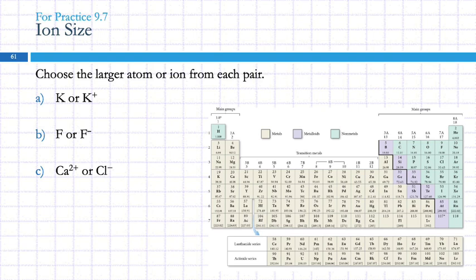Smaller. So the K plus ion is smaller, and that's not the one we're trying to choose. We want to choose the bigger one. Fluorine and fluoride: here we're adding an electron, which would make it bigger. So this one's bigger.